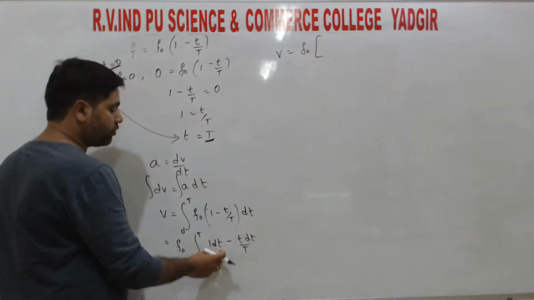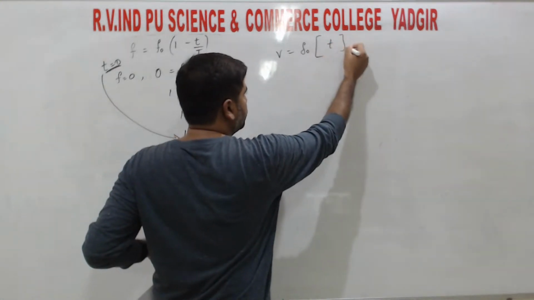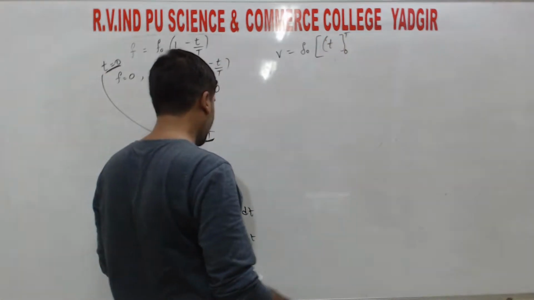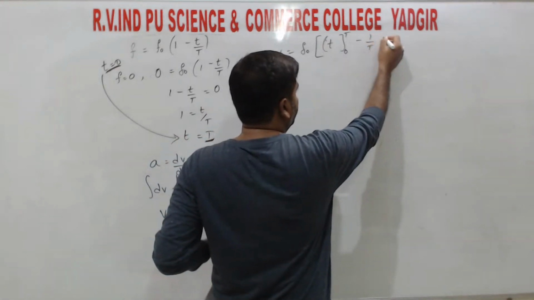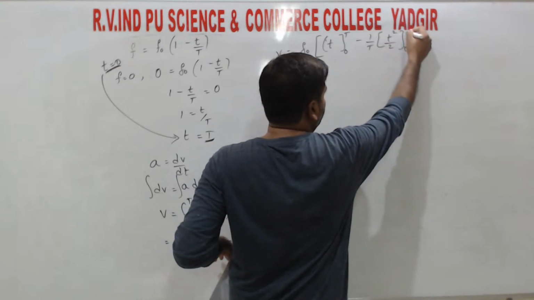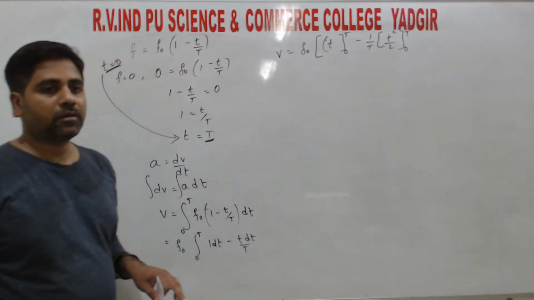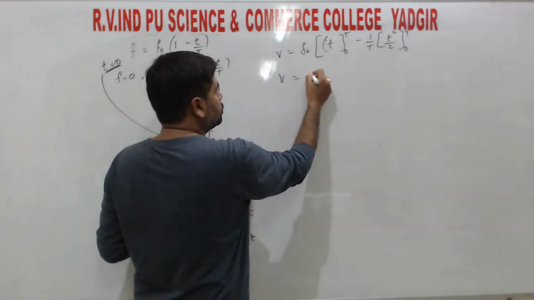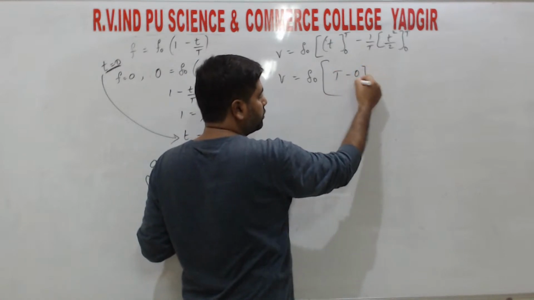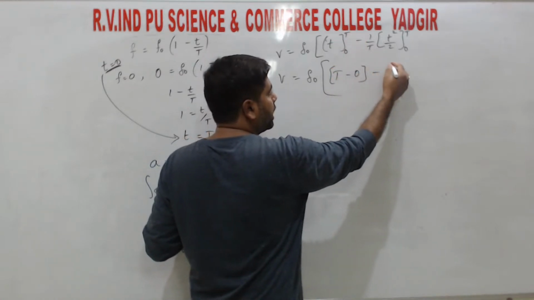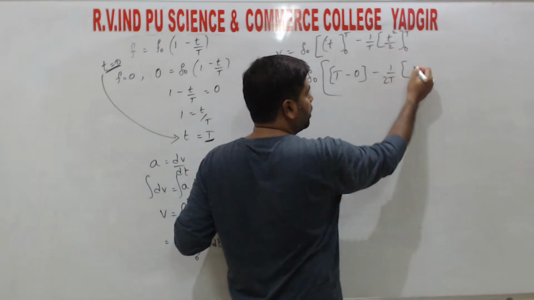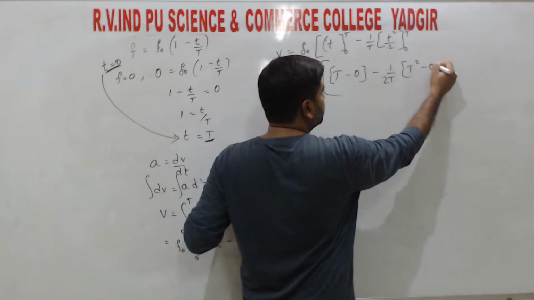So if we integrate this one, we get t, limit 0 to T, minus 1 by T taken outside, t square divided by 2, limit 0 to T, right? So v equals f naught, final limit minus initial limit: T minus 0 minus 1 by T, taking out 1 by 2, T square minus 0.